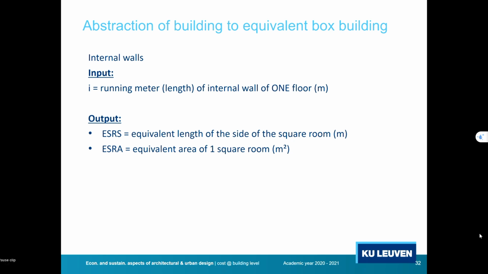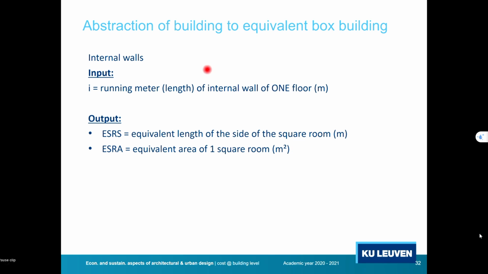So what we now need to know is, first of all, the length of the internal walls in the real building. So you calculate the running meters of the internal walls on one specific floor, which is representative for your case, or you calculate it for all floors and divide it by the number of floors to have an average length per square meter floor for one floor.